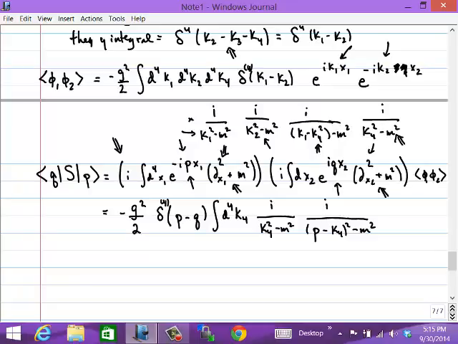The first thing that I want to mention is that this delta function out front is exactly what we expect. This is the delta function that tells us that momentum is conserved.